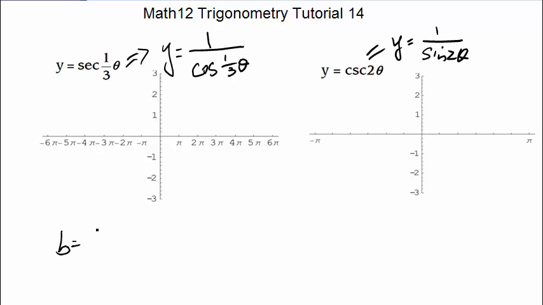The b equals 1/3. So the period equals 2 pi over 1/3, which is equal to 6 pi. From 0 to 6 pi is one period, and from negative 6 pi to 0 is the other period. So we have 2 periods on our x-axis.